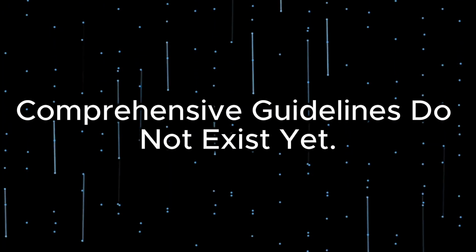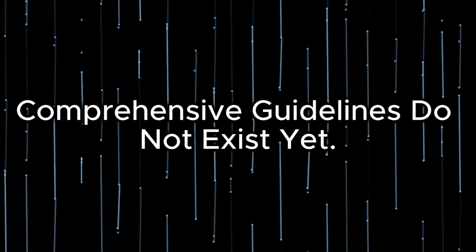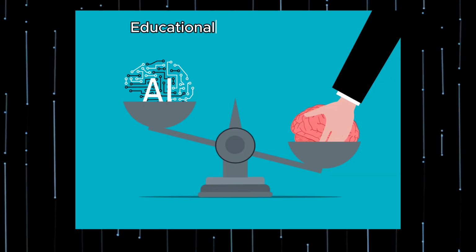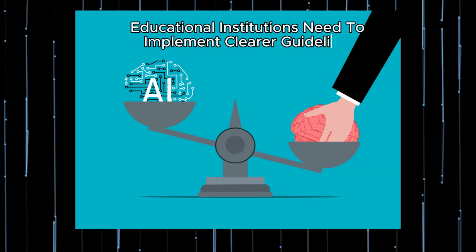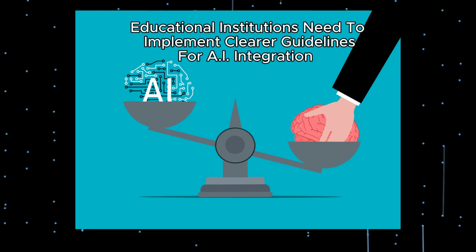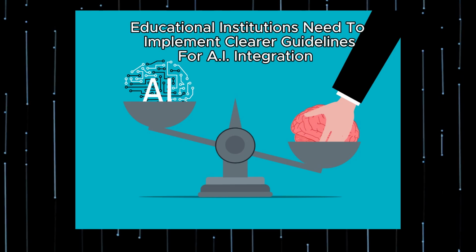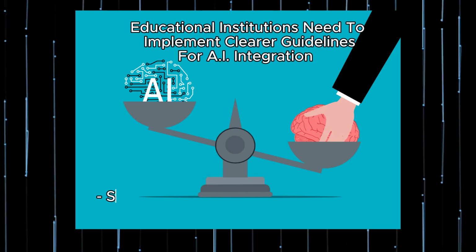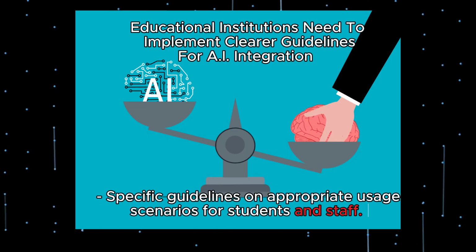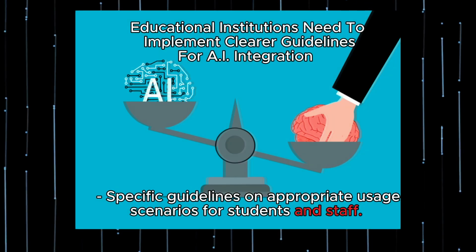The educational sector faces significant challenges due to insufficient guidelines for AI application. Researchers have reached a consensus that educational institutions need to implement clearer guidelines for AI integration as its use expands in academic settings. Schools and universities need to develop specific guidelines that detail appropriate AI usage scenarios for both students and staff.